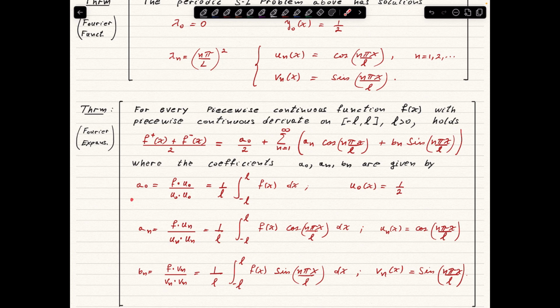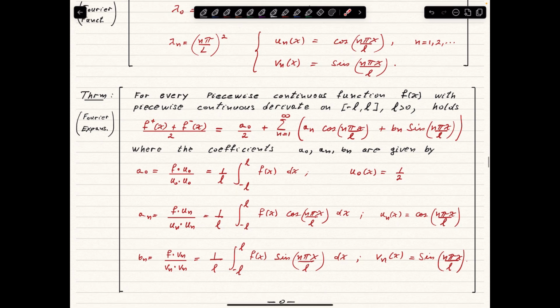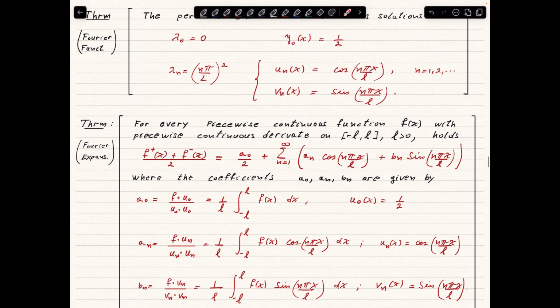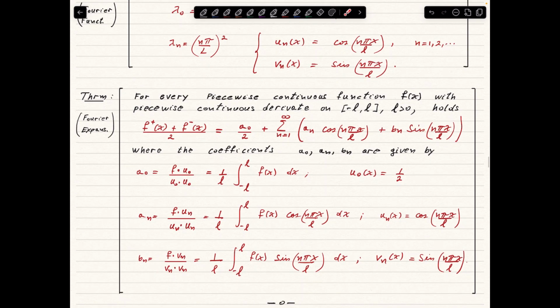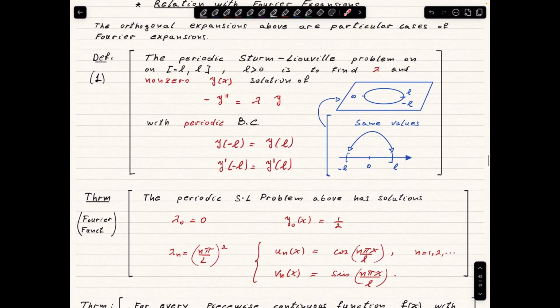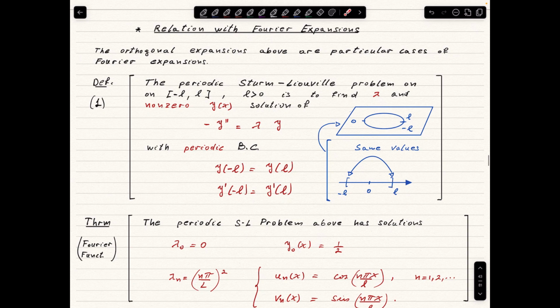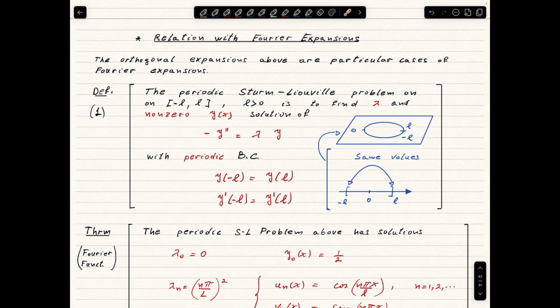But now we have more, so we have 3 formulas for the coefficients. So this is the general Fourier series expansion. We are not going to focus on these expansions, only on the particular cases we studied before, because the particular cases are exactly what we need to solve the heat equation.